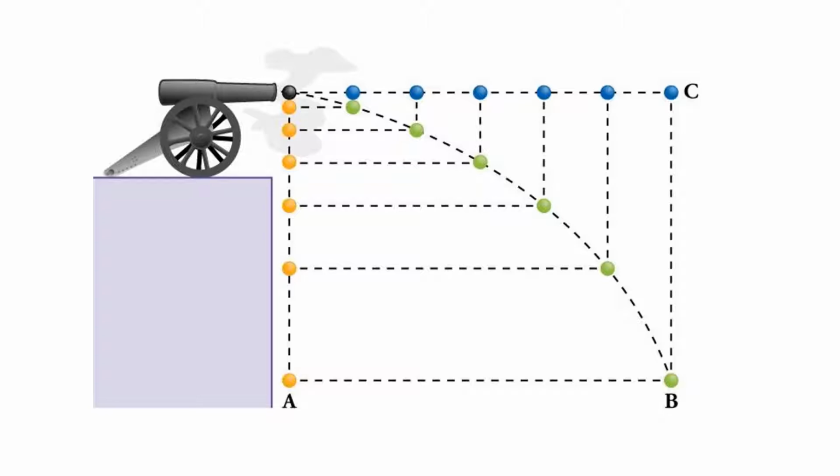It's starting out in a flat horizontal way, but I can also at the same moment drop the same sort of bullet, and it's tested that they will both hit the ground at the same time. Even though this one's going incredibly fast that way, it doesn't matter. They're both falling downward at the same rate.